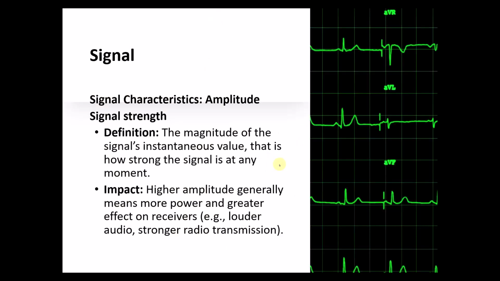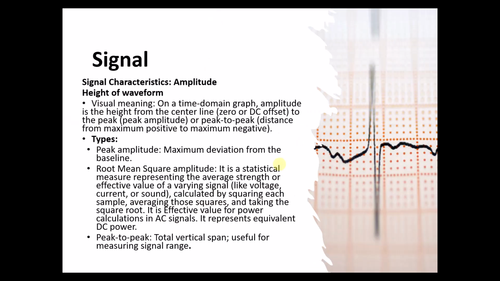This is normally performed on alternating current where the signal varies a lot, so the amplitude changes a lot. So many amplitudes from that signal are collected, squared, the average is taken, and then you take the square root to get the root mean squared, which will represent the equivalent direct current power, because direct current doesn't alternate.